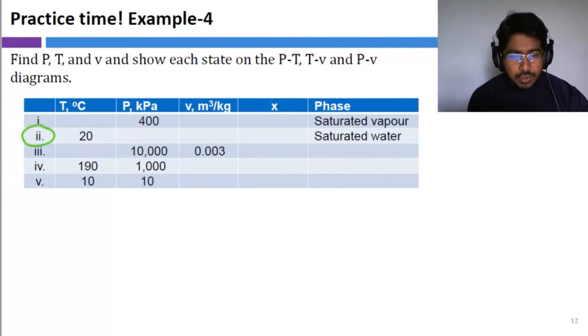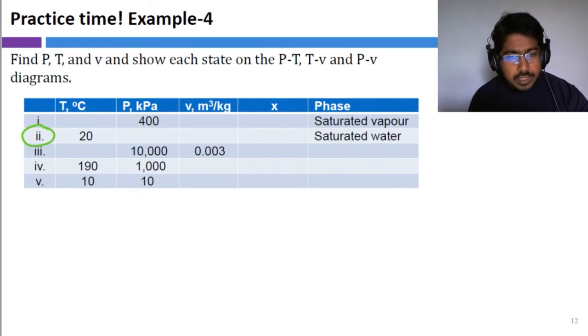Perfect. By just looking at this, we can assume that we have to use the temperature entry because it's convenient. It has a nice round temperature figure. So we have to use the temperature entry. And it says saturated water. I would prefer to put saturated liquid water or saturated liquid. That would have been much clearer, but saturated water is fine.